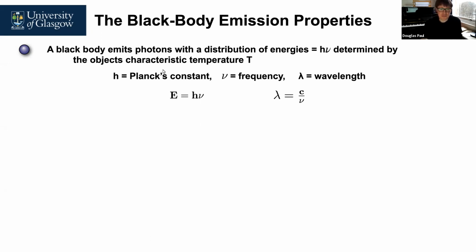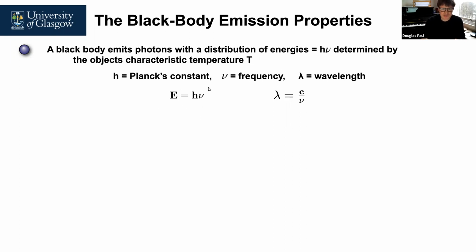And that is determined by the object's characteristic temperature T. So what the black body emission properties that Planck derived at the end of the 19th century and the start of the 20th century, if a body has a temperature, it's going to emit photons of energy. Some of those photons will be infrared and what we know as heat, and some of those photons could be mid-infrared, near-infrared, or in the visible part of the spectrum, ultraviolet, or X-rays at higher energy.